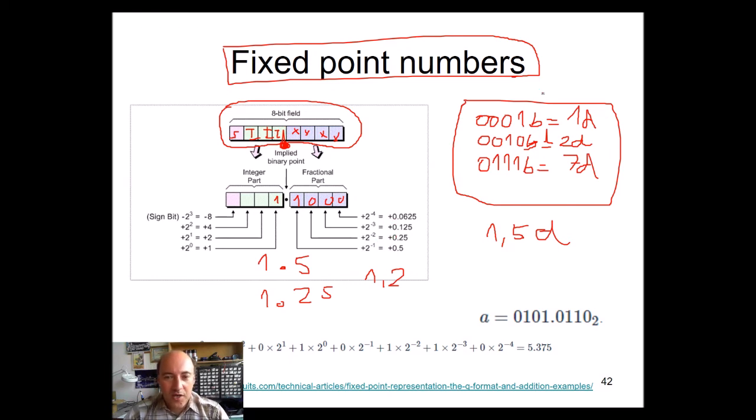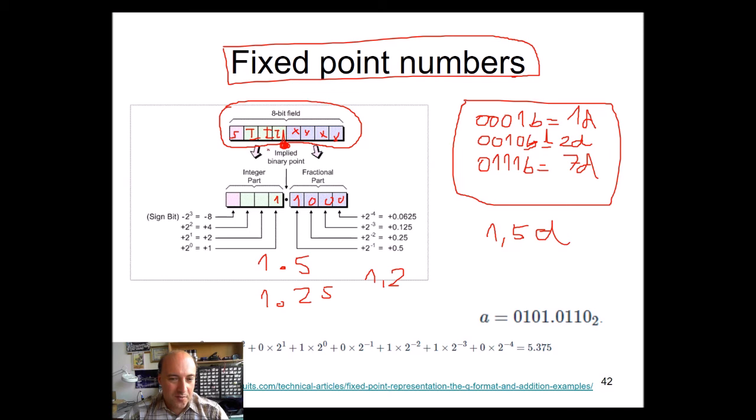Now, why do we use those fixed point numbers? The reason is simple. If you use a fixed point number like this, you can work with those numbers as with integers, but you know that this is the fractional part and this is the integer part.